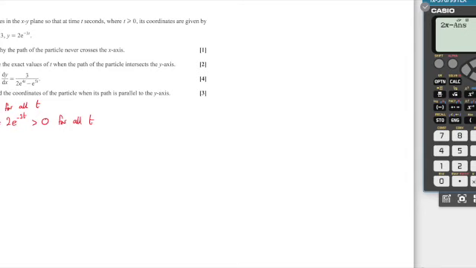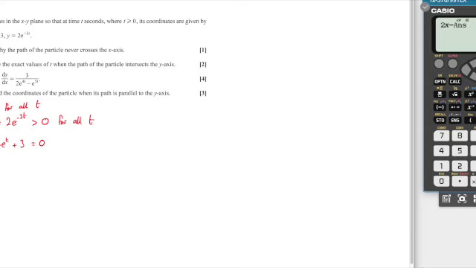So we can make e to the 2t minus 4e to the t plus 3 equals 0. That's a hidden quadratic. So I'm going to have e to the t. I want two things that multiply to be 3 and add to be minus 4.